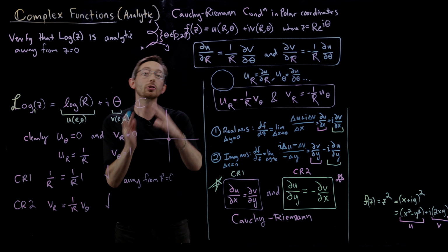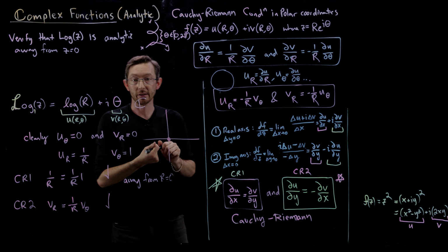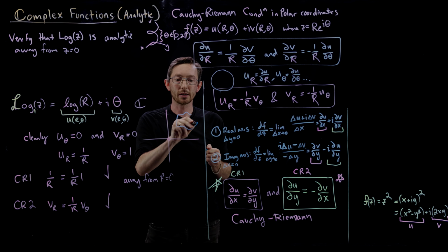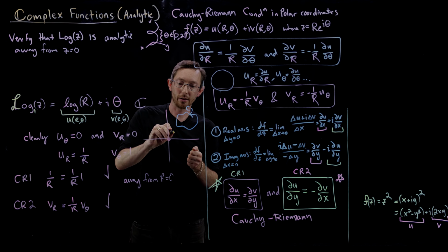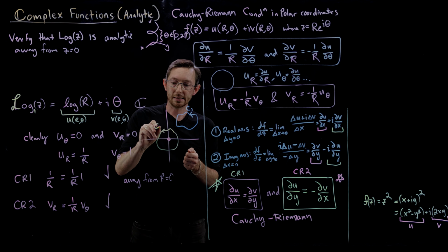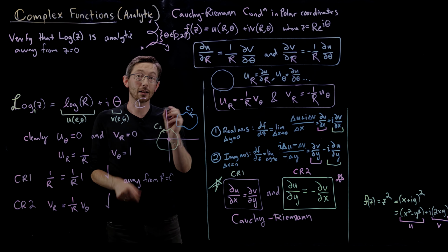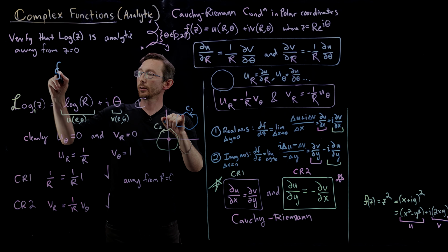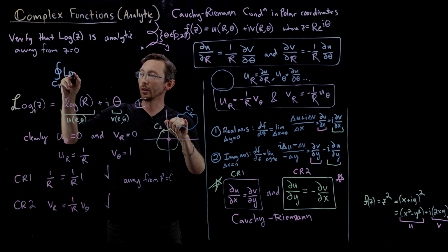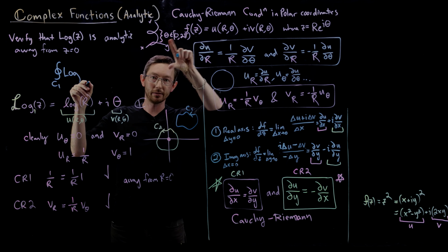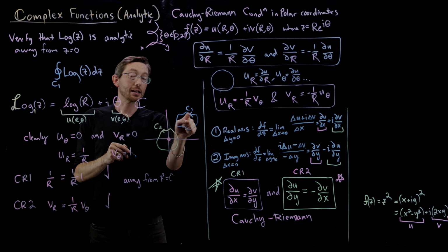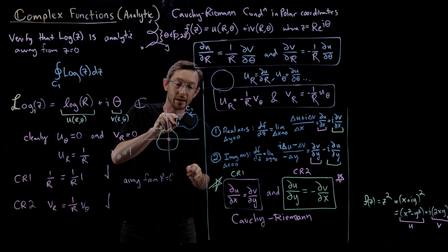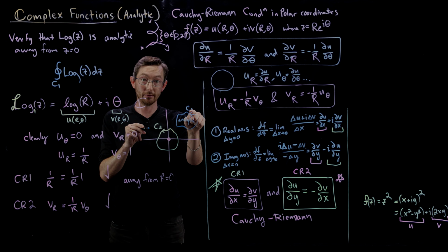Specifically, what that's going to allow us to do is, in the complex plane, and I'm giving you the punchline for a couple of lectures in the future, if I have a closed contour C1 and I have another closed contour C2, what I claim is that the integral over C1 of my fancy pants log on the first level, log of z, dz, because log is analytic in this domain.